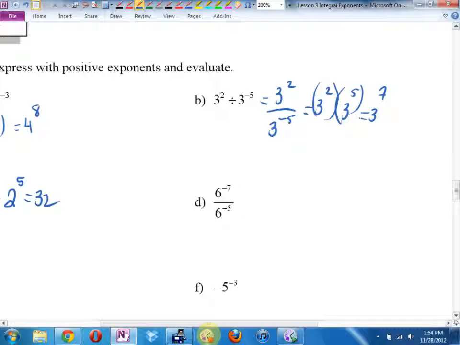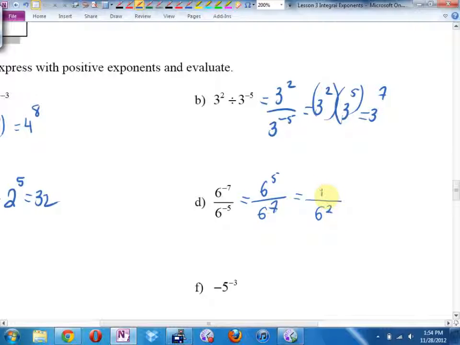I'm going to quickly, because it takes 1 second, rewrite this as there's a 6 to the 7th on the bottom and a 6 to the 5th on the top. Jordan, how many 6s on top, grand total? 5. How many on the bottom, grand total? 7. How many left and where? 2 left, where? On the bottom. Yep. Am I going to leave my answer like that? No. What am I going to put on the top?